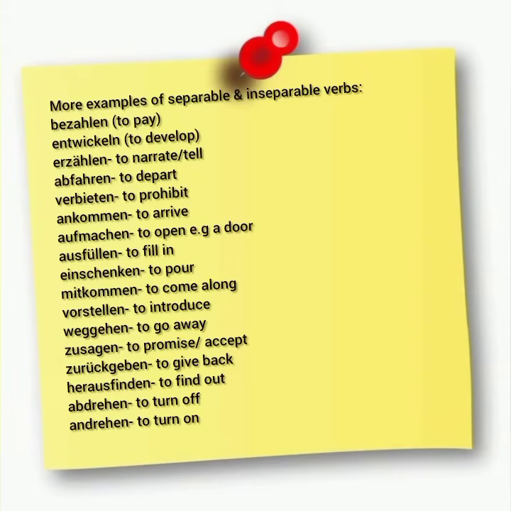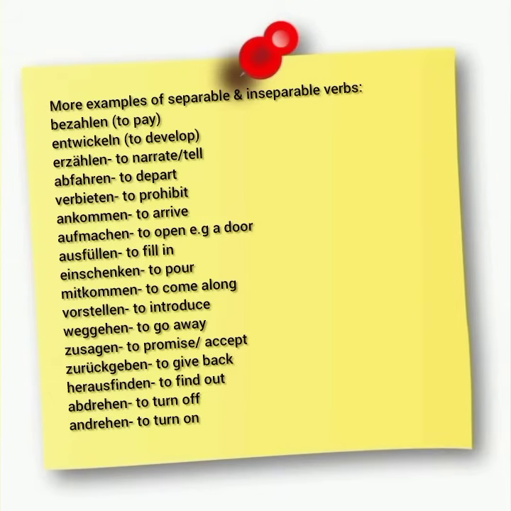So some other verbs, we have entwickeln, to develop. Now, this one again, you've seen from the list of inseparable, yeah? And this one you don't separate. If I'm to conjugate, you just say ich entwickele, du entwickelst.